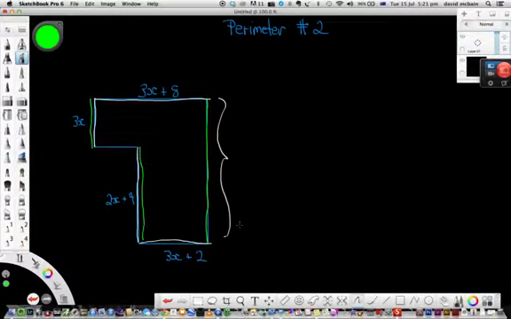So this side must be equal to 3x plus 2x plus 4. That was both those sides added together. Now that we've got algebra skills, we know how to simplify this expression, because 3 lots of x plus 2 lots of x is actually 5 lots of x. It's like 3 bananas plus 2 bananas is 5 bananas. So 3x's plus 2x's is equal to 5x's plus 4 on the end. So we now know that this length here is 5x plus 4.